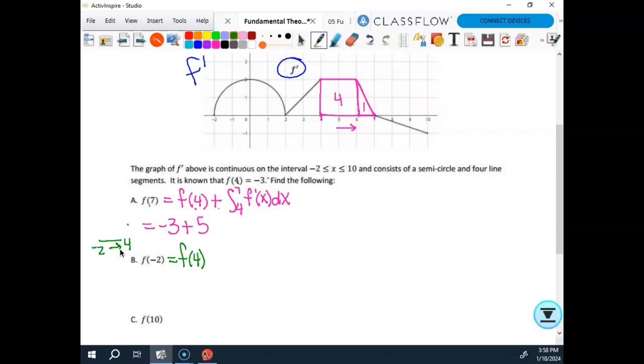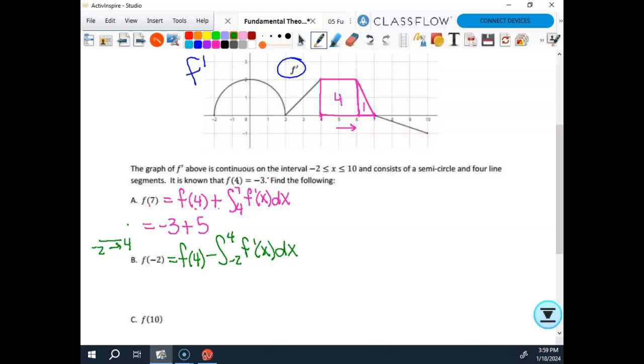So I'm going to have to take the final and subtract the amount of change, going from -2 to 4 of f prime of x dx. Okay. So you want to say to yourself, initial has to be final minus however much the amount of change was. All right, so let's find this.